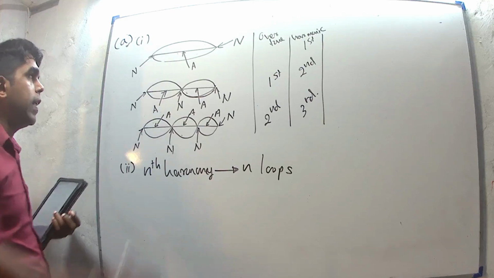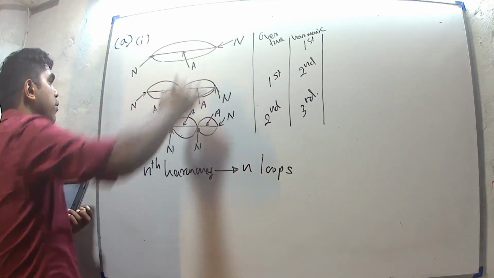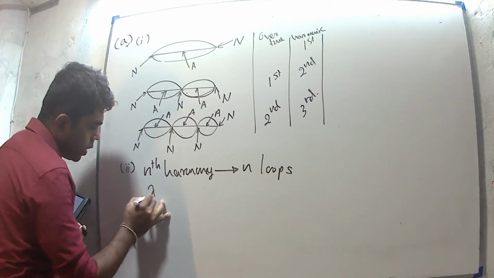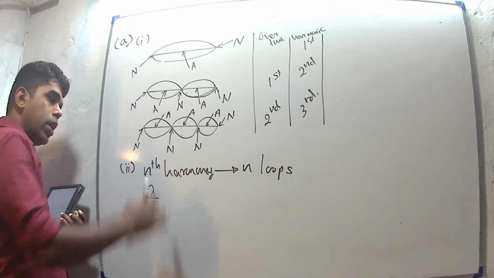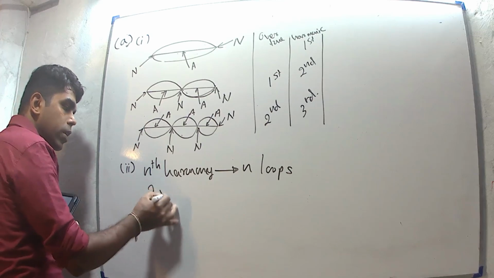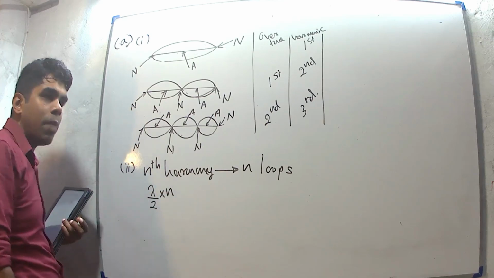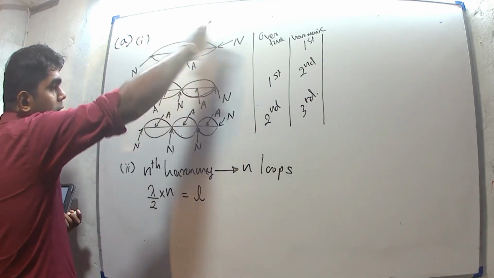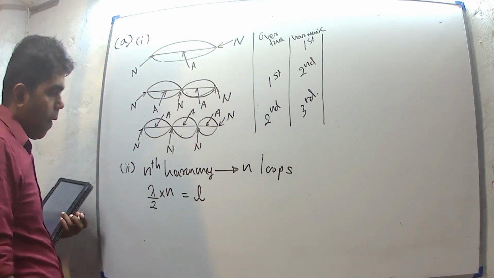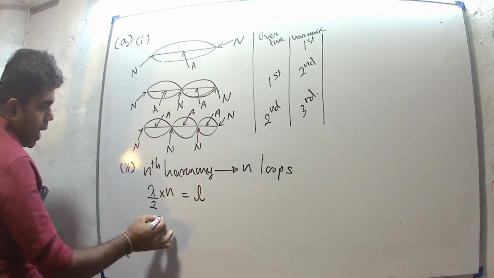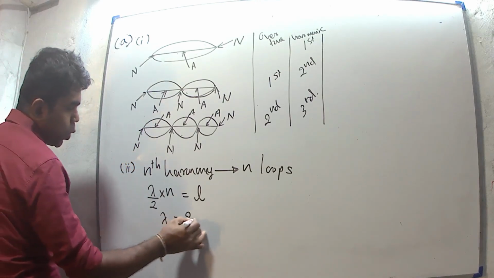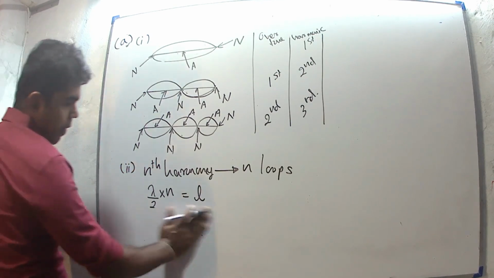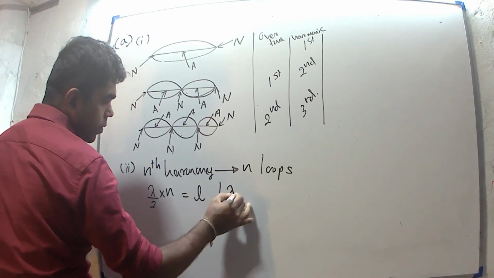We know that the length of a loop is wavelength divided by 2. Then there are n loops, so the total length is lambda divided by 2 into n, which should equal the length of the wire. Then we can get lambda equals 2L over n.